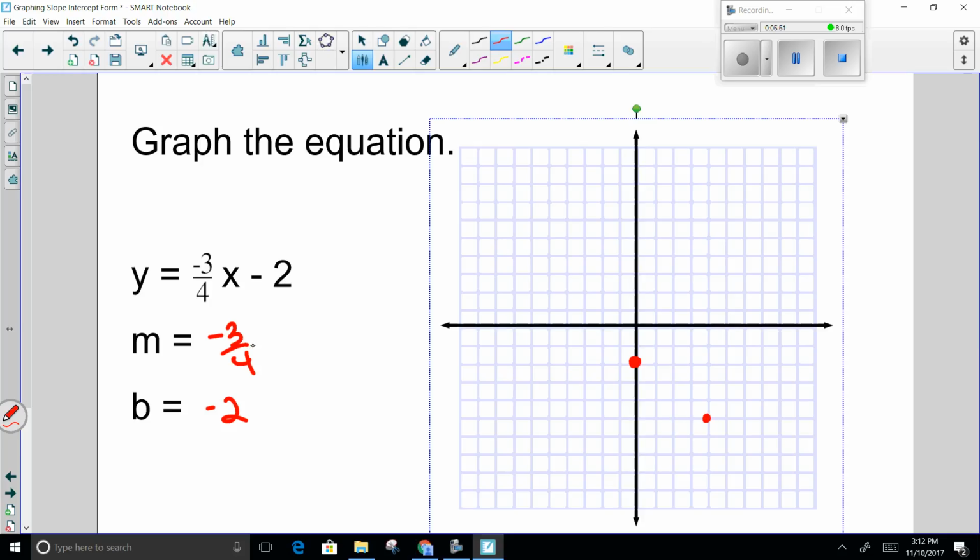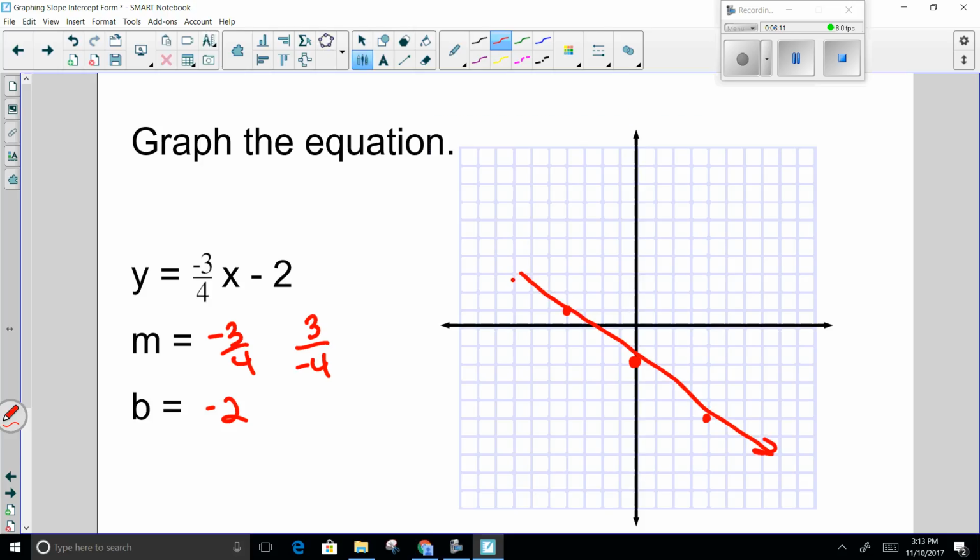One movement is negative, one movement is positive, which means I could also make this a 3/-4, because it's still going to be a negative result, which means I would go +3, -4, and notice that gives me the same line. So it doesn't matter which one you put as negative, because a positive divided by a negative is a negative. A negative divided by a positive is a negative. The slope over here is a negative, so that tells me I have done everything correctly.